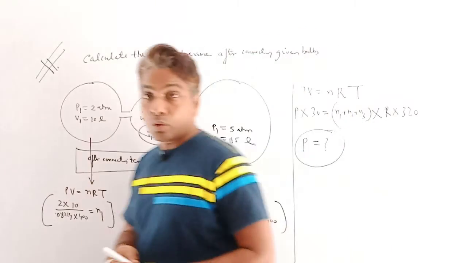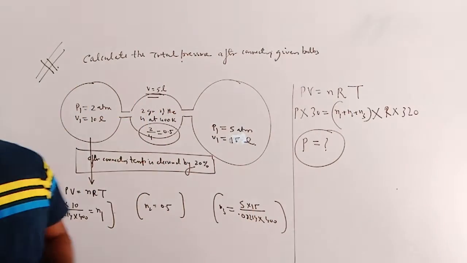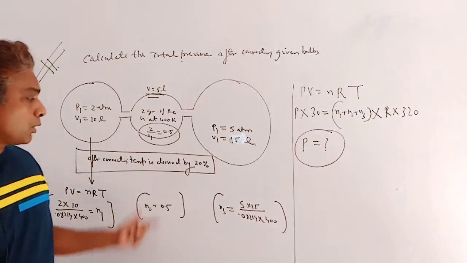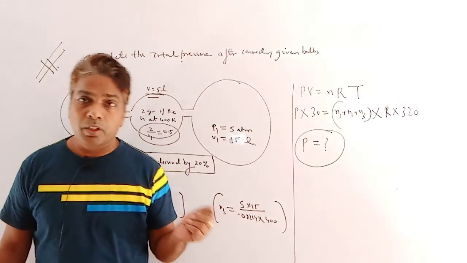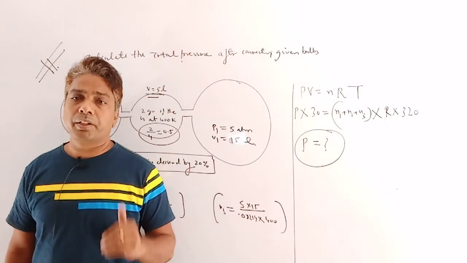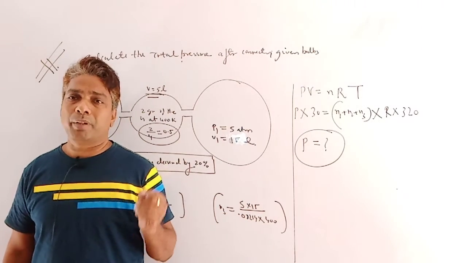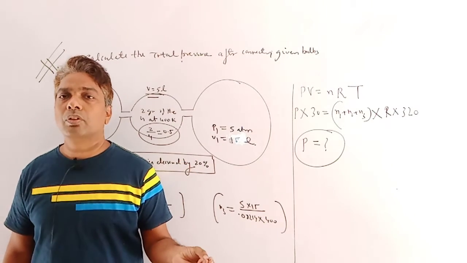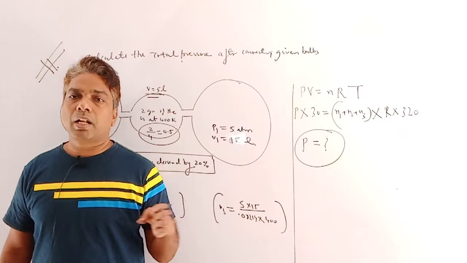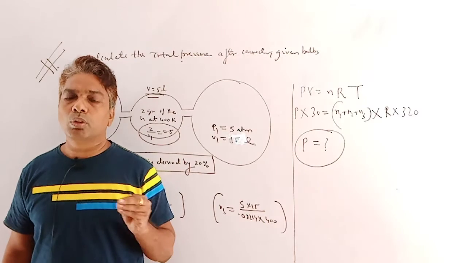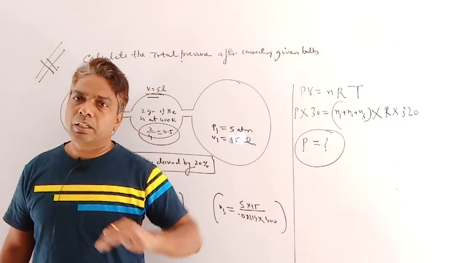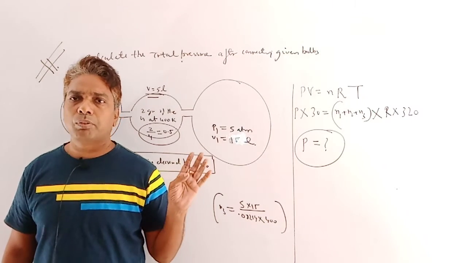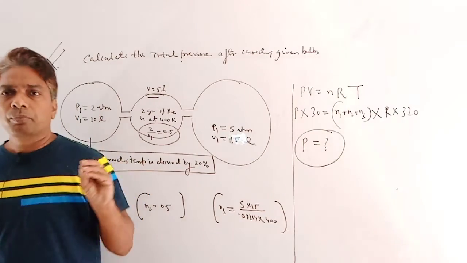Clear? So in this question, the individual number of moles will be found with the help of pressure, grams or volume. Then after adding these moles, the total moles is obtained. The same procedure is used in all such types of questions.